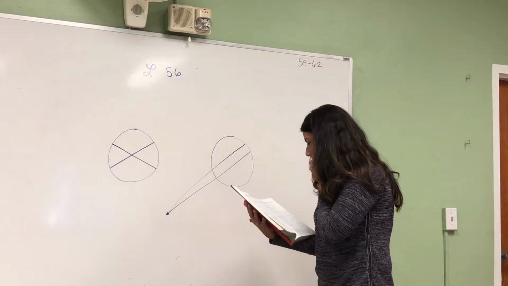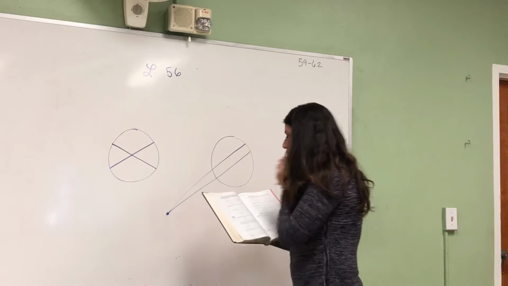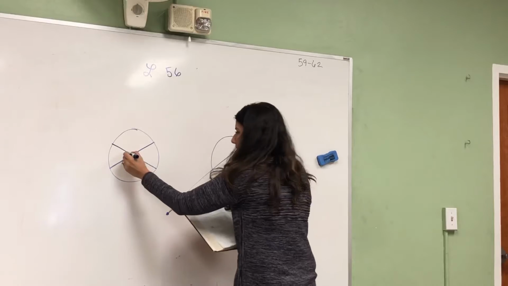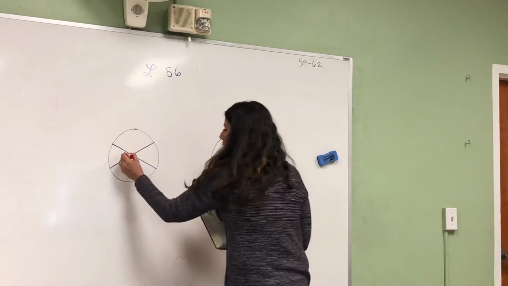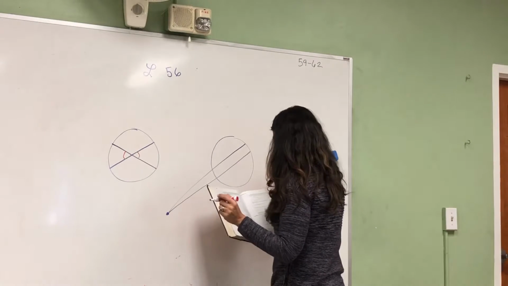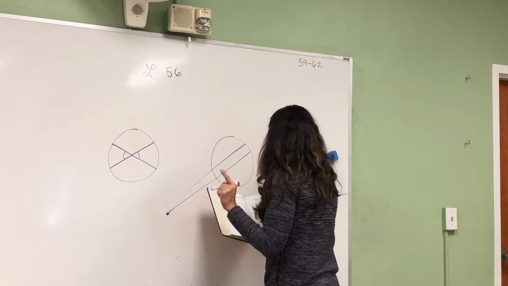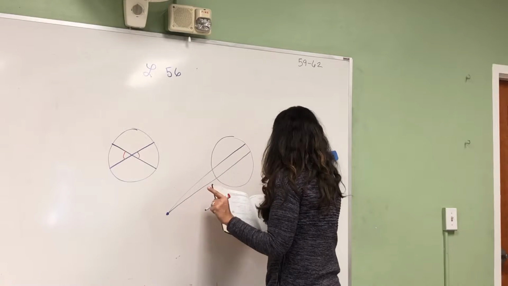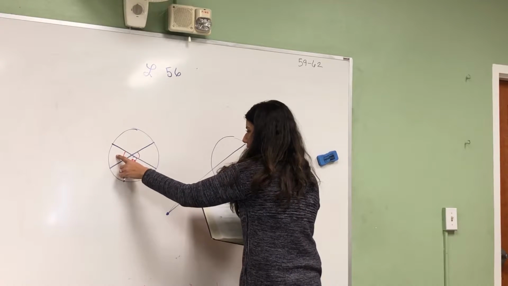All right, so the two lines intersect inside the circle. The measures of the angles formed are, what do we do? Equal 1/2 the sum of the measures of the intercepted arcs. So these angles are going to be the same. We know that because they're vertical angles.